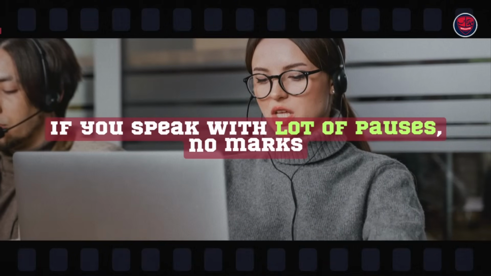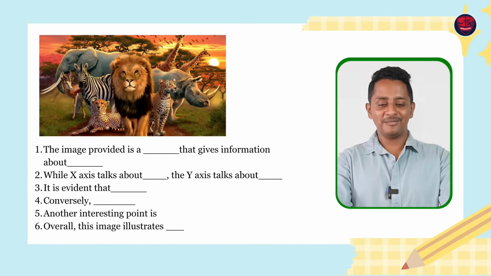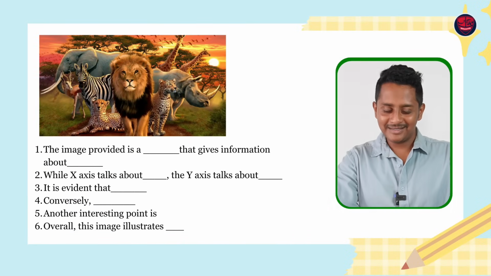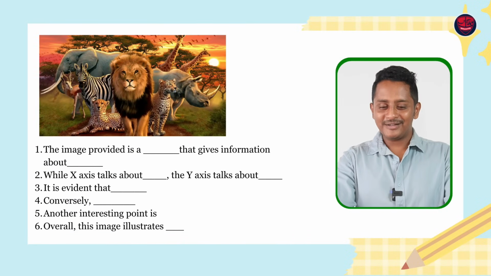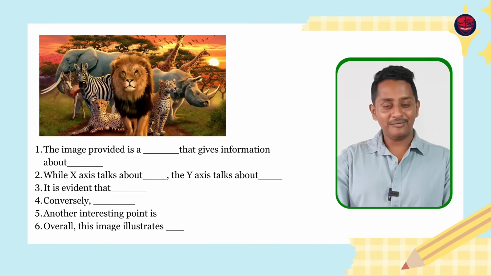Hope you're getting it. The next strict rule is, if you speak with a lot of pauses, again, no marks. What does a lot of pauses mean? Let me show you with this lion picture. The image represents a picture that gives information about animals in the forest. Firstly, it is evident that the lion is the king of the jungle, king of the forest.